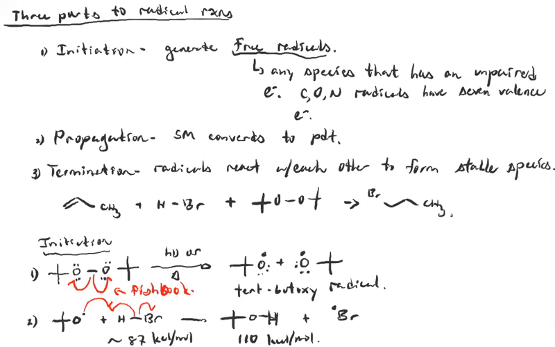This is why OH bonds are just very strong, 110 to 115 kcals per mole, depending on what else is attached. This is why we talk about antioxidants in your diet.